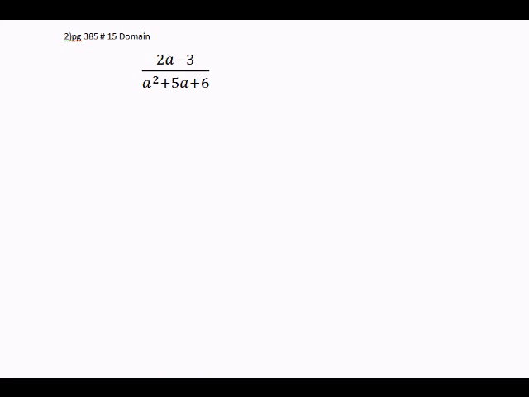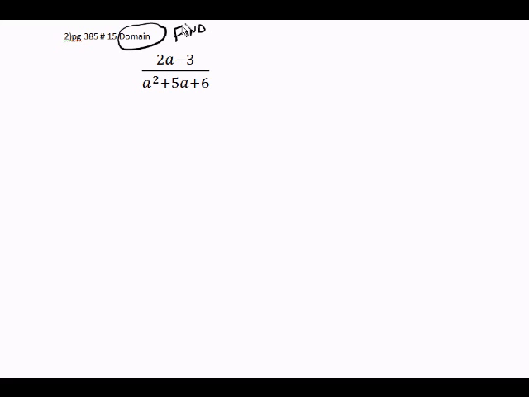Okay. So page 385, and we're doing number 15. Number 15 doesn't say domain, but the problem in the quiz says domain. So they want you to find the domain.